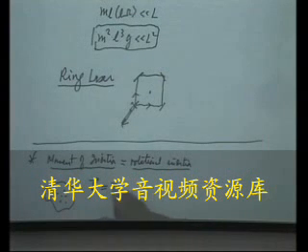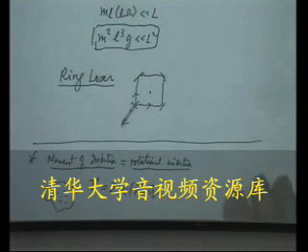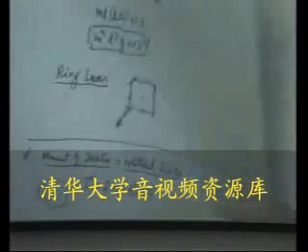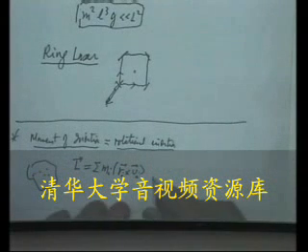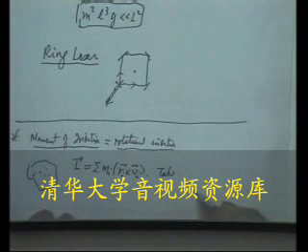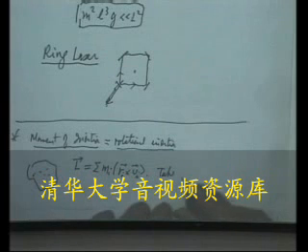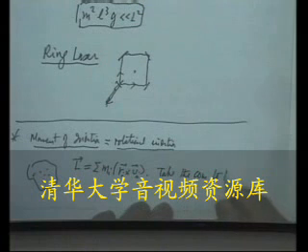The angular momentum is equal to summation mi Ri cross Vi. Now let us take the center of mass. This formula is true no matter where you take the origin. Now we take the center of mass to be the origin.